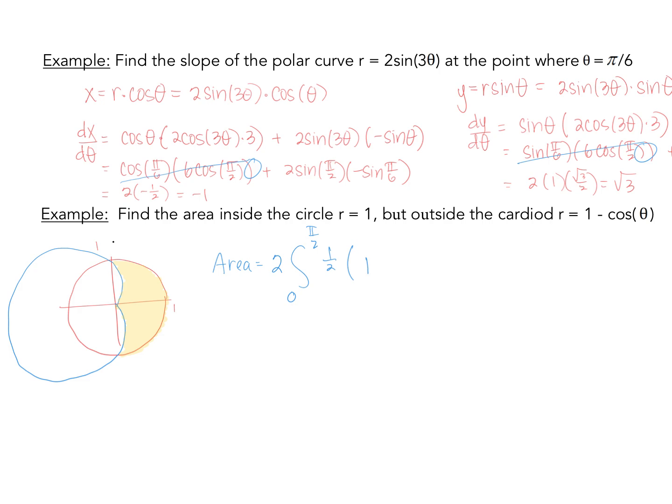And so that would be 1 squared minus, and then the inner radius is following the cardioid. So that's 1 minus cos theta, and that quantity is squared. Okay, so that's setting it up, and the rest is just using your calculator to evaluate that on the Math 9. All right, seems like we're all getting 1.2146 or 1.215.